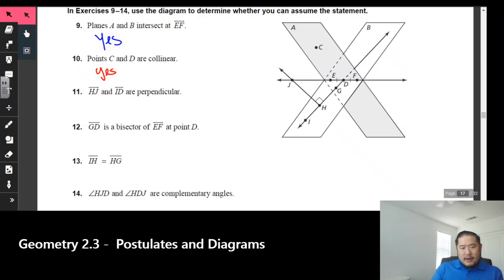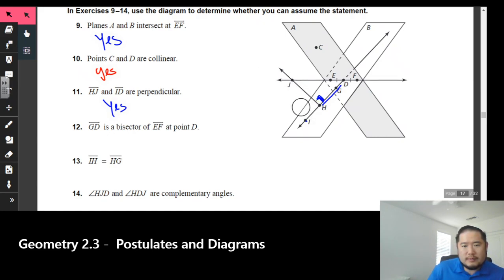Number 11 right here, we have ray HJ and line ID are perpendicular. That right there is yes. I see the 90-degree symbol right here.